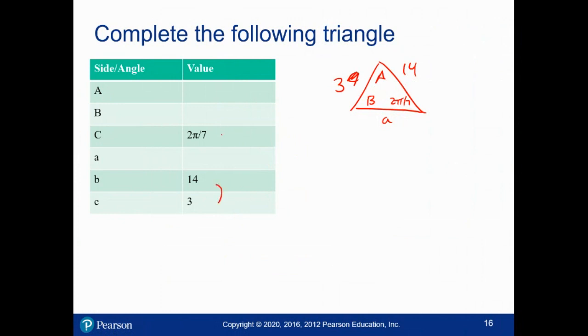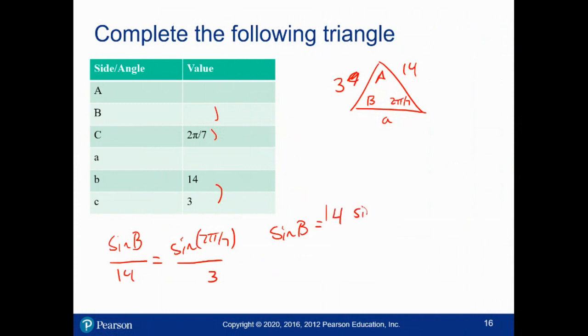And since we have sides B and C and angle C, let's go ahead and find angle B. So the sine of B over 14 is equal to the sine of C, 2 pi over 7, over C, which is 3, from which I get the sine of B is 14 times the sine of 2 pi over 7 over 3.